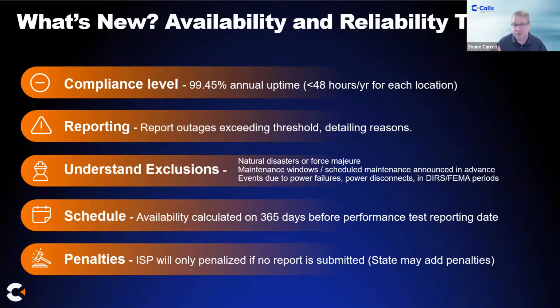So they want you to report outages that exceed the threshold, defining the reasons. With that, they can start looking at reason codes and all the different pieces of why this happens. And this will allow them to understand more about the structure that's going on and all the different pieces that are functioning.